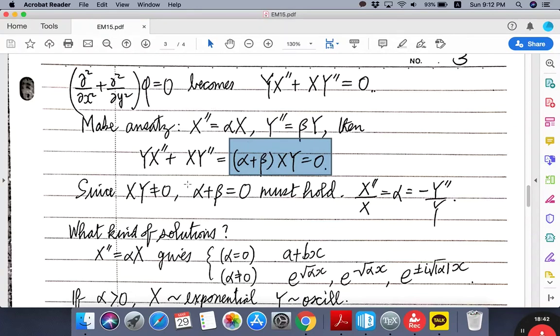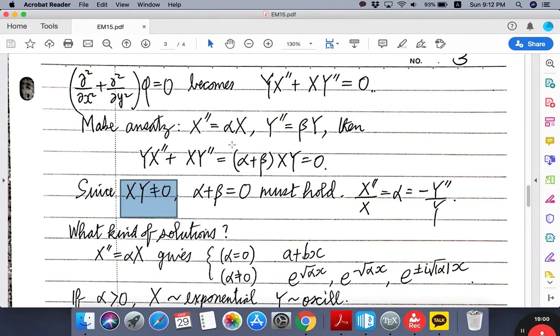And obviously, we cannot say that the product of the functions is zero, because that means there's nothing going on. That's a trivial solution. But what we want, rather, is a non-trivial solution.